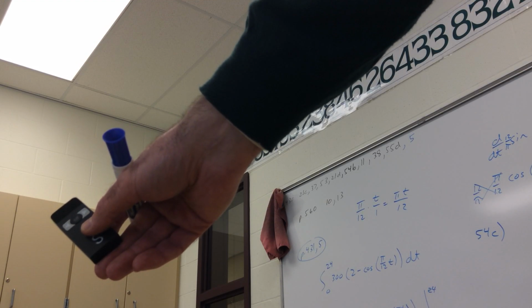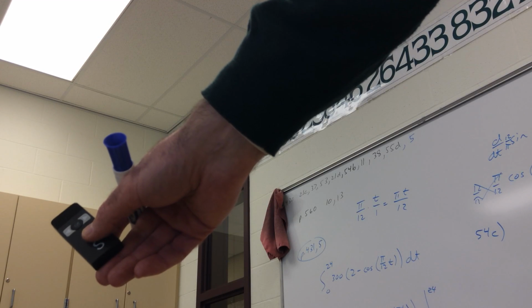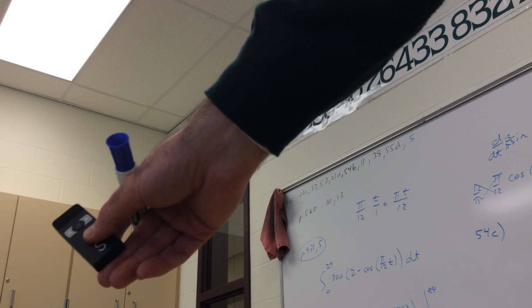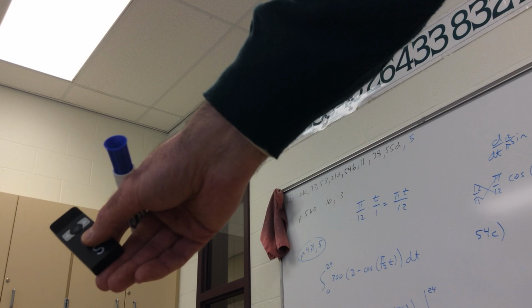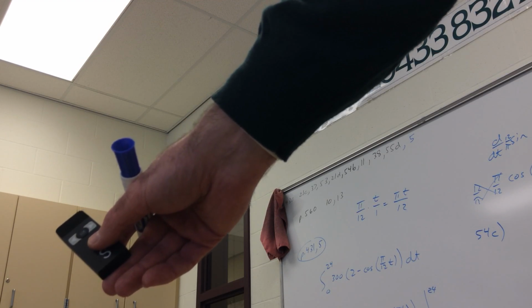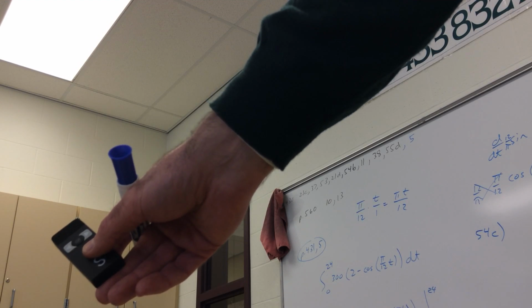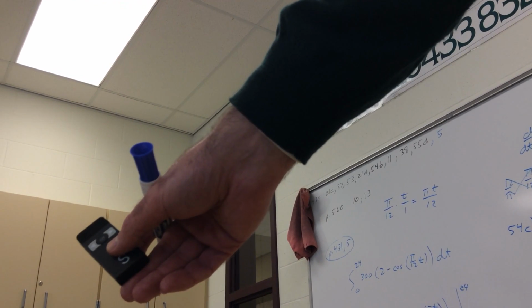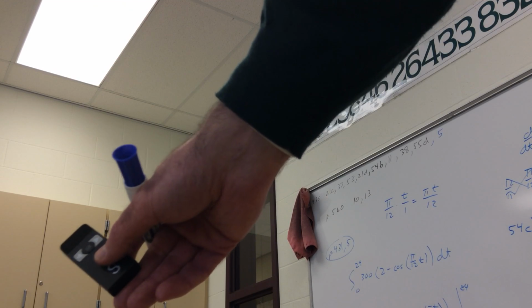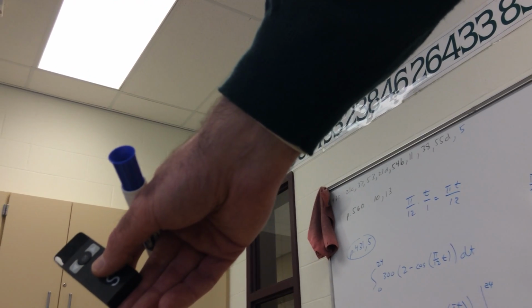Like, I think I got it down. I just didn't know what the endpoints were. Oh, the endpoints? Yeah. I didn't know how to find the endpoints for B or C.